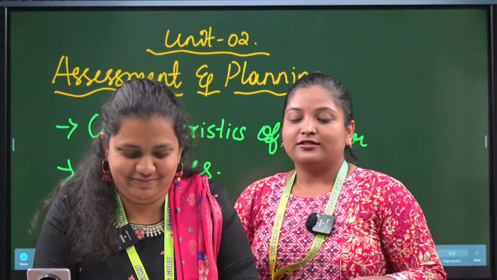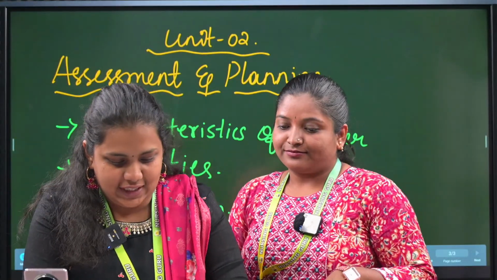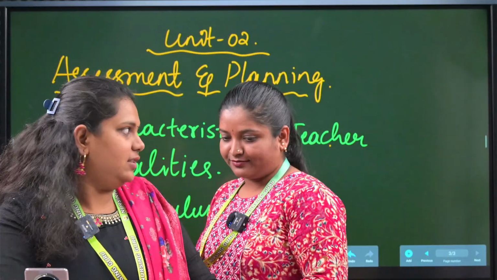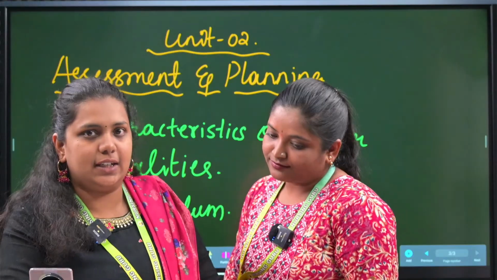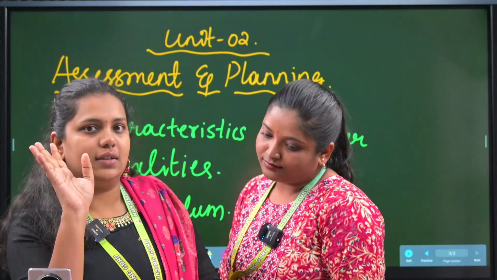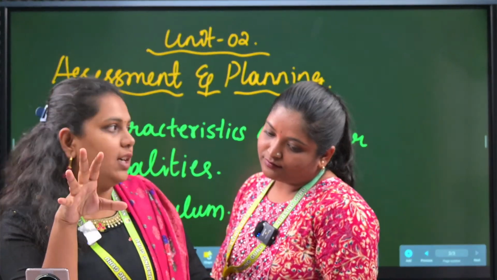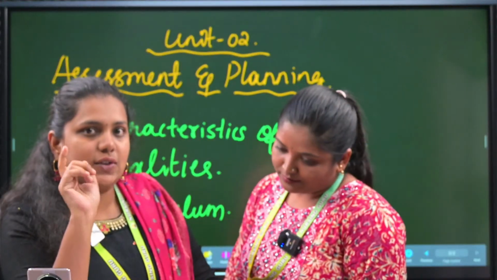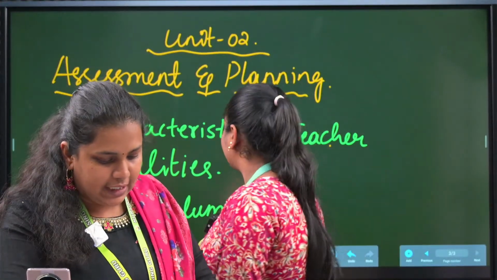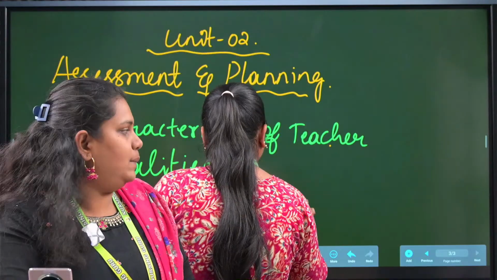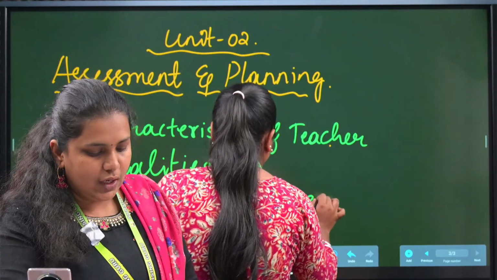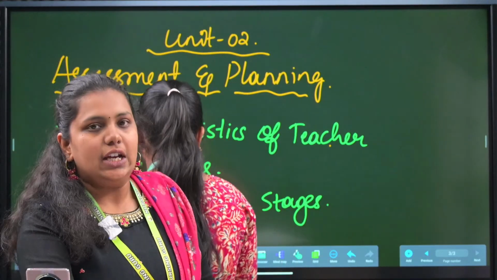Okay. Next. The important thing in unit number 2, that is assessment and planning: you should give more focus on curriculum development, the stages of curriculum development. Next, unit number 3, it is implementation. In the implementation, you will be studying about classroom communication.